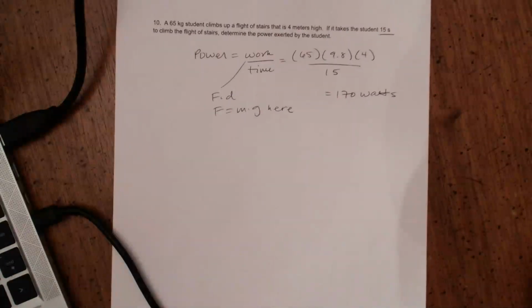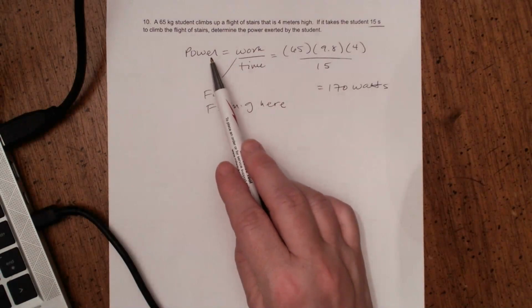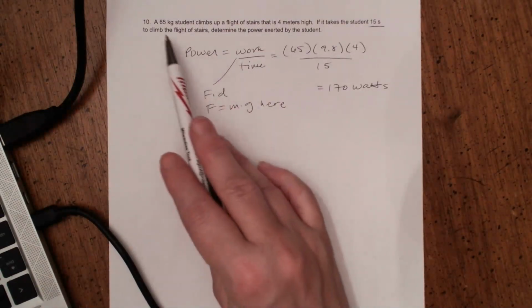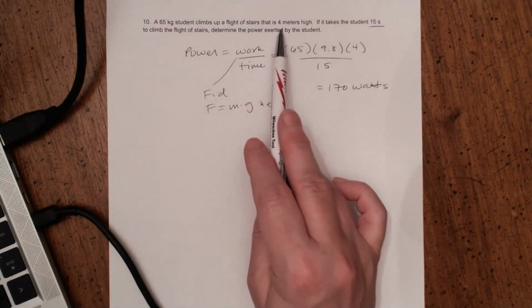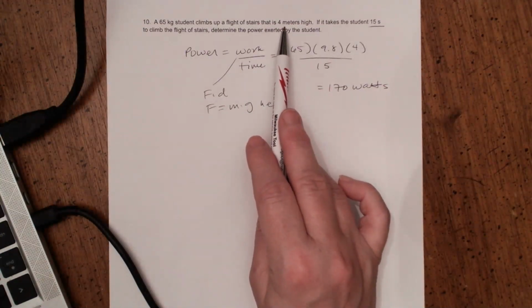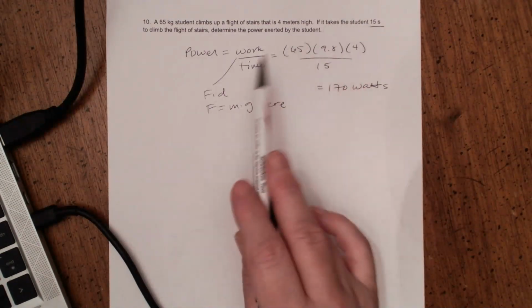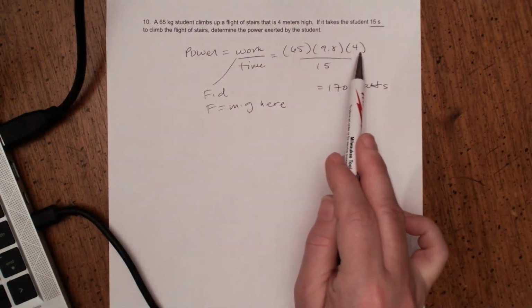Okay. And then there's one more quick one I think I can do. This one kind of goes back to the stairs lab. We want the power exerted by a student who's climbing stairs. So we've got their mass, we've got the height of the stairs. It takes them 15 seconds to climb them. So we're going to get their work as m times g times d.